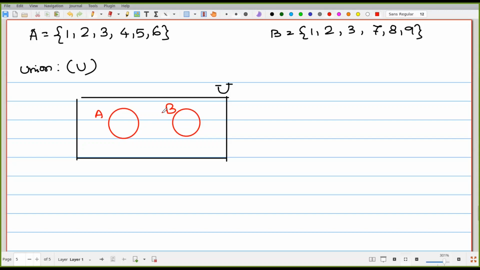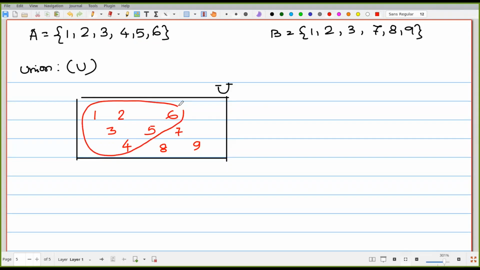Because A and B may have some common elements, and common elements must be in both set A and set B. So if we write the elements 1, 2, 3, 4, 5, 6, 7, 8, 9 first, and then draw the set as an oval or rectangular shape, there would be a problem for set B, because 1, 2, 3 is here and 7, 8, 9 is here. So we cannot draw it like that.